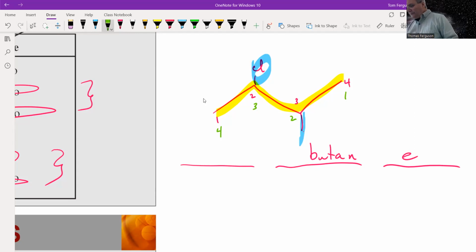Okay, so the chloro is on carbon number 2, and the methyl is on carbon number 3. So 2-chloro, 3-methyl butane would be one name.